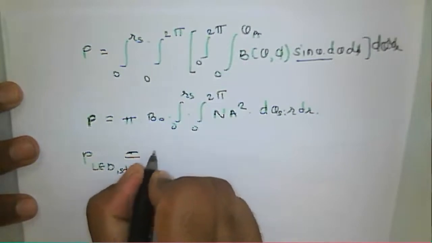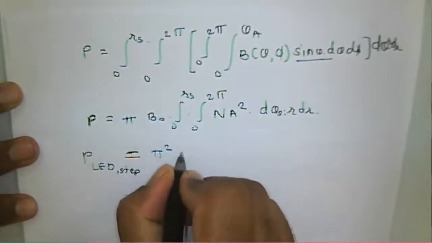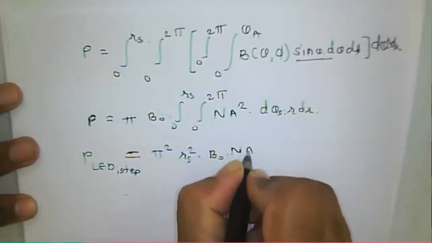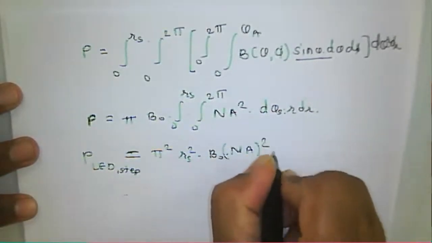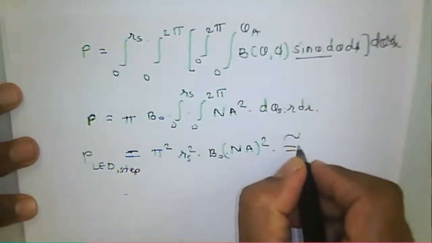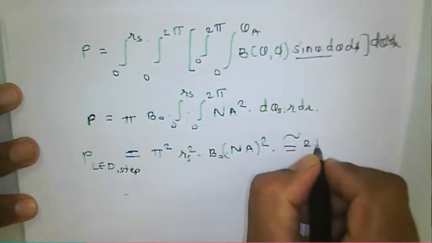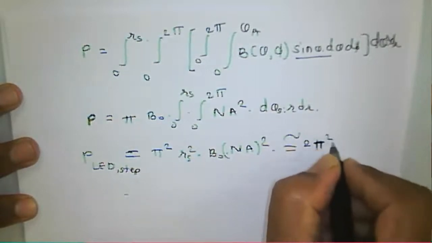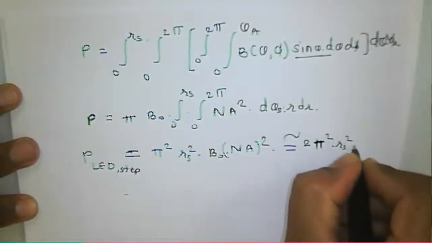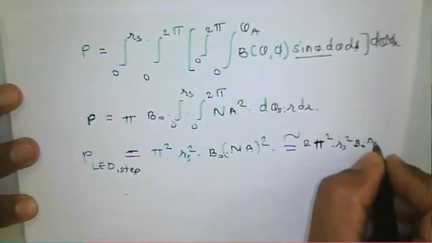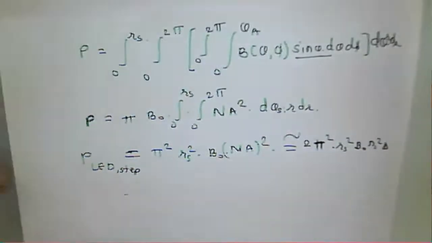That depends upon pi square r square B_0 NA bracket square, or approximately we can write 2 pi square r square B_0 n1 square delta here.